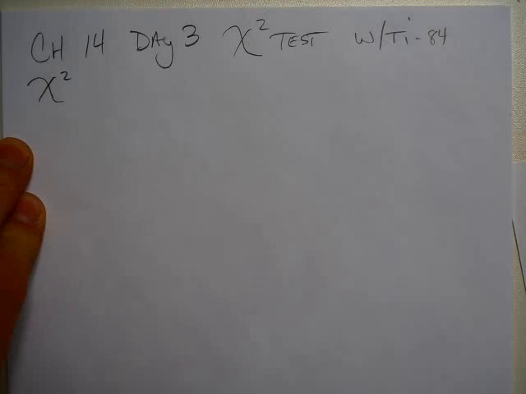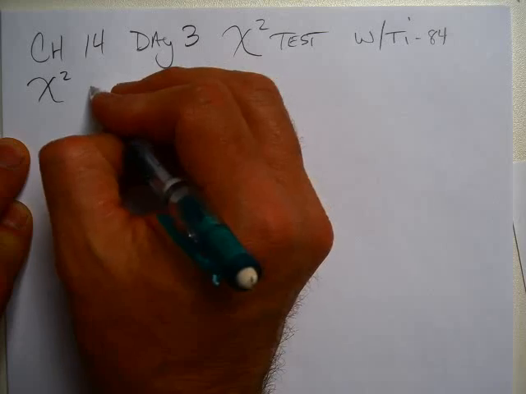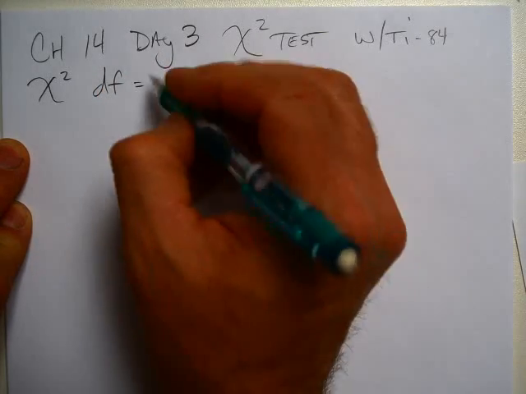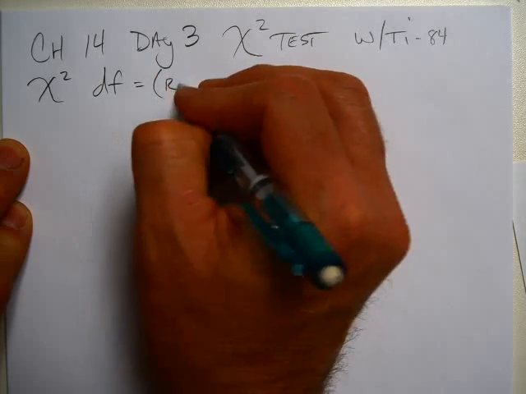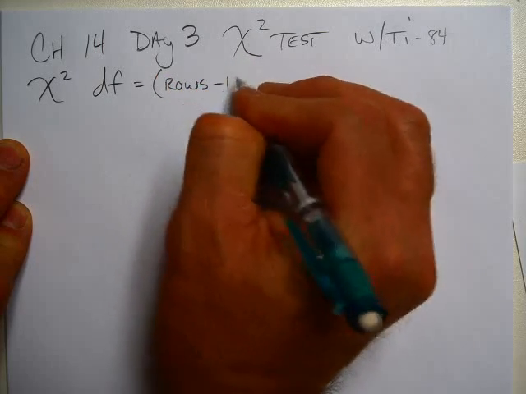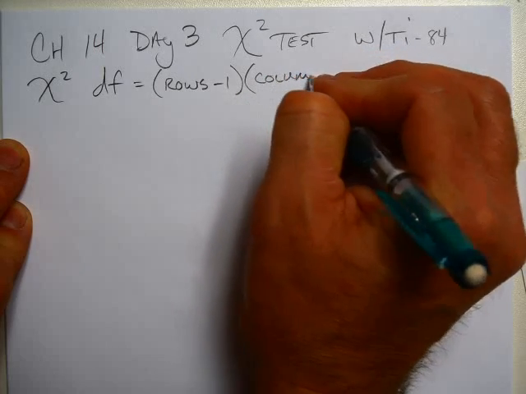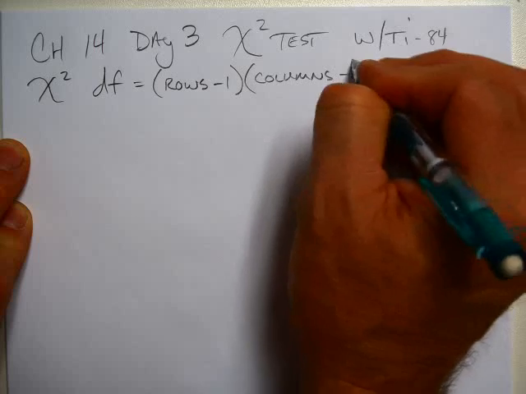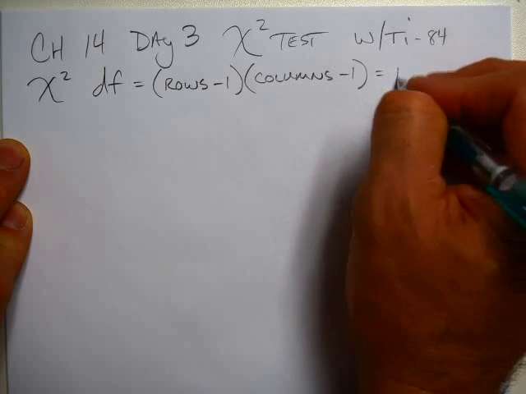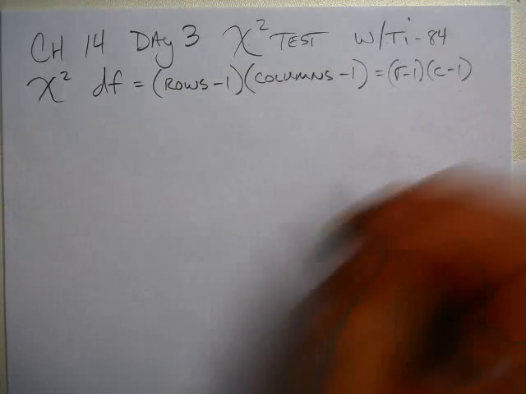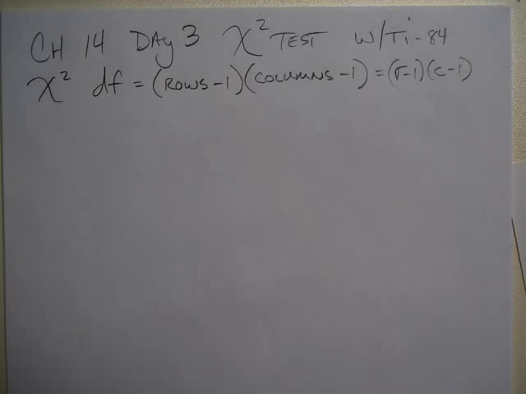Chi-squared. I'll go over the difference in just a second, but the degrees of freedom are calculated a little bit differently. It's the number of rows minus 1 times the number of columns minus 1, or R minus 1 times C minus 1, which frankly is no different than goodness of fit.